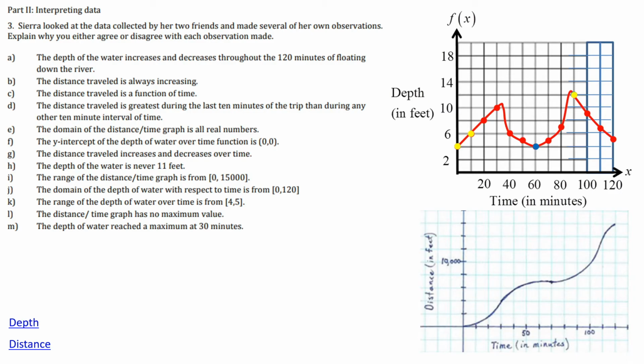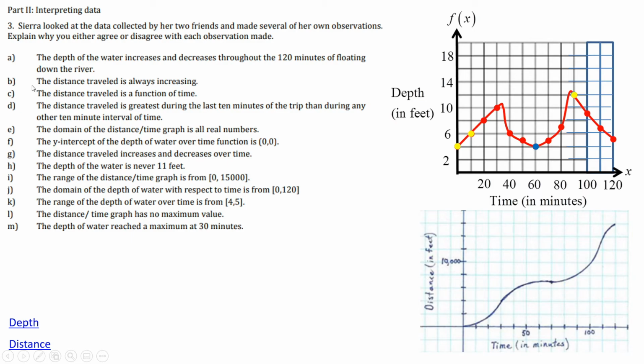Okay, so A, the depth of the water increases and decreases throughout the 120 minutes of floating down the river. Well, if you look at our graph based upon Alonso's data, we're increasing, and then we're decreasing, and then we're increasing, and then we're decreasing. So that's a nice job, Sierra. We agree with part A.